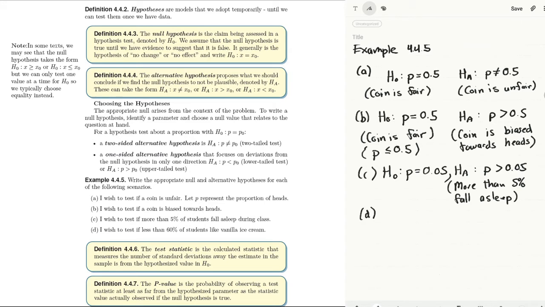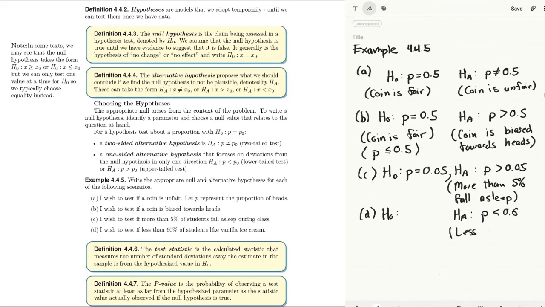And now let's suppose I wish to test if less than 60% of students like vanilla ice cream. So P represents the proportion of students that like vanilla ice cream. Then the alternative hypothesis is that P is less than 0.6.